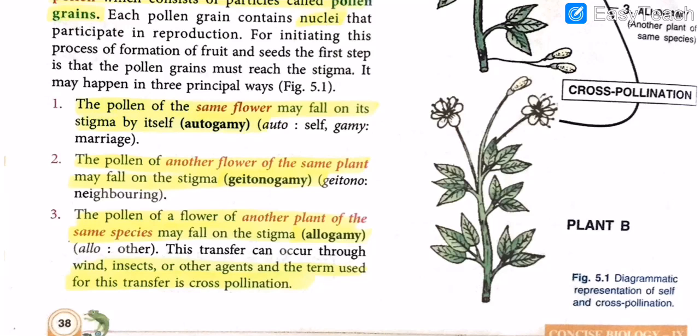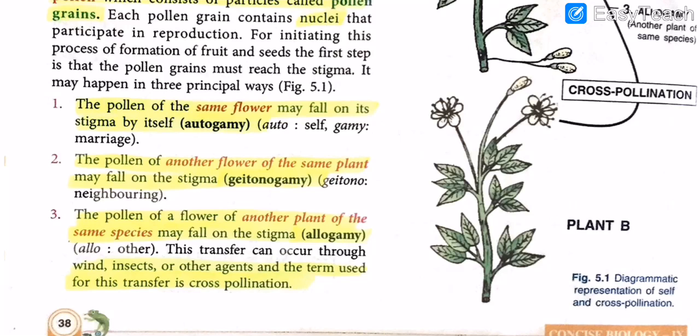So pollen grains get married to the pistil, and from there they have the baby of the plant, that is the fruit. Second, the pollen from another flower of the same plant may fall on the stigma, that is geitonogamy. Third, the pollen of a flower of another plant of the same species may fall onto the stigma, that is allogamy.